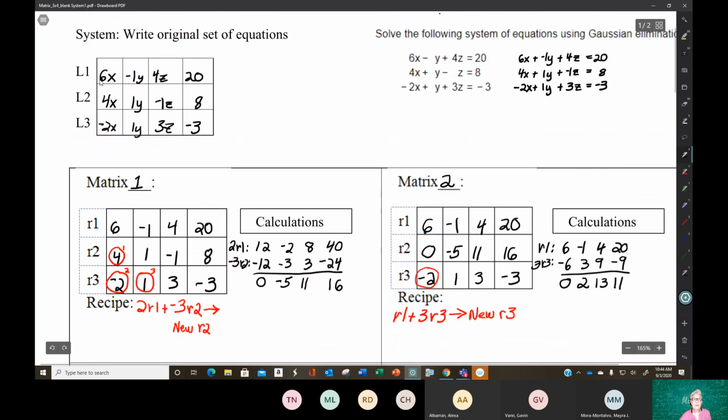First what we did is we copied the coefficients into this matrix. Then our goal with matrix 1 was to add row 1 and row 2 together and somehow multiply row 1 and row 2 by something so that when we add them together, we get a 0 in this position.